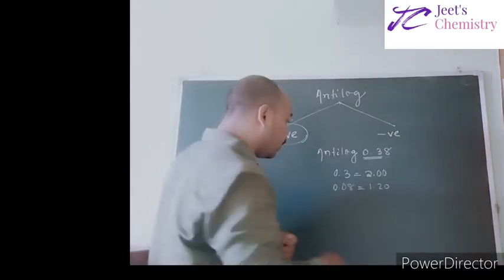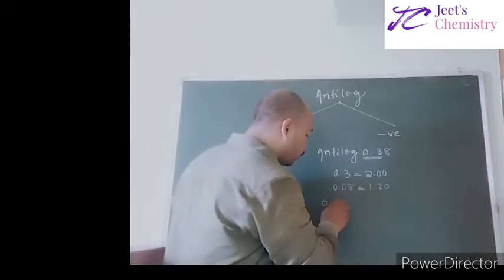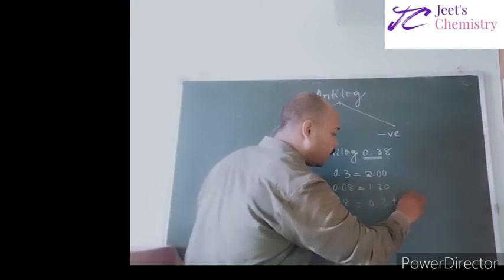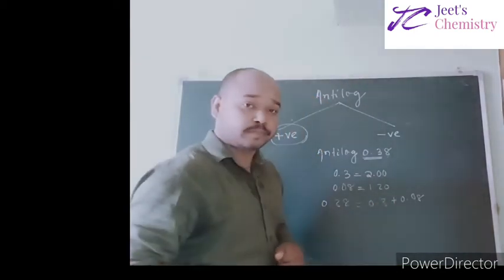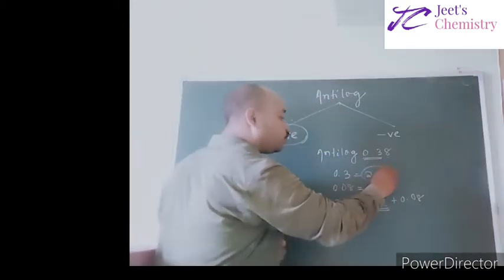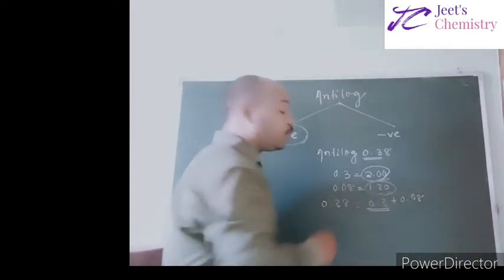Okay, now I can write that 0.38 is equal to 0.3 plus 0.08. So the first value is 2.0, the second is 1.2.